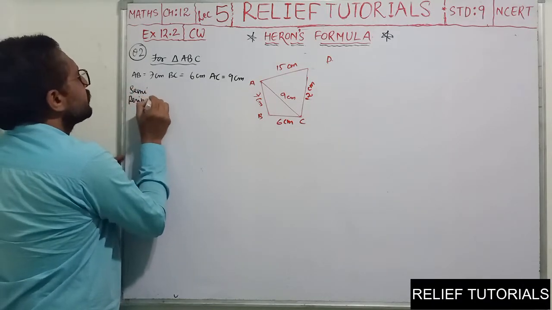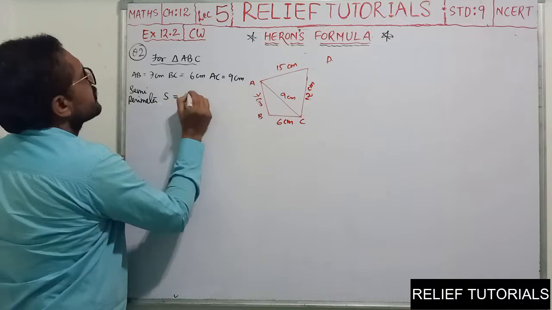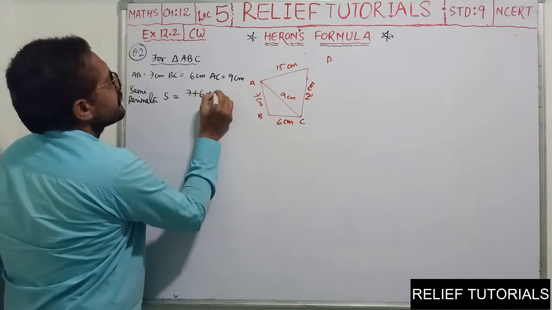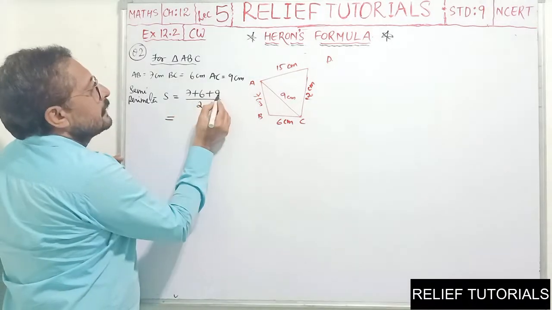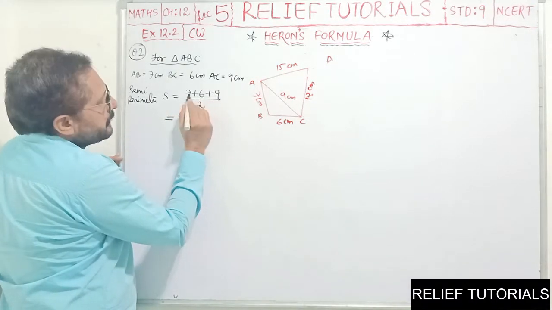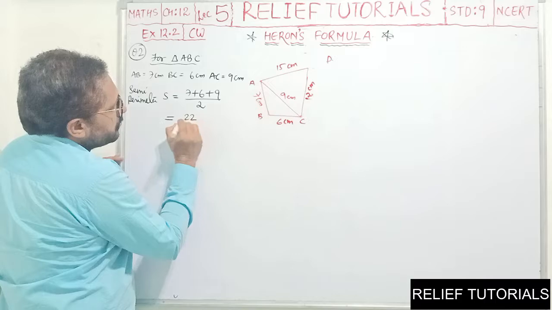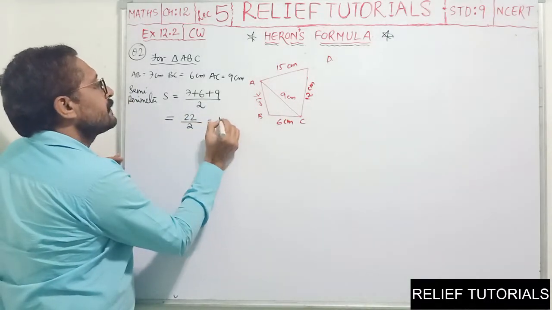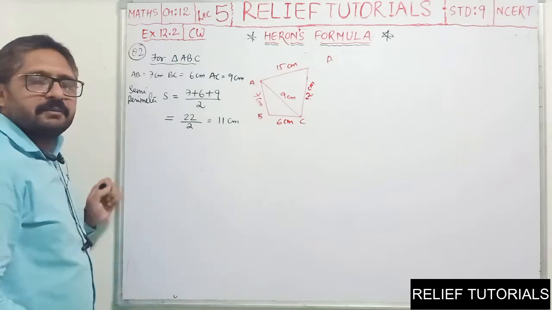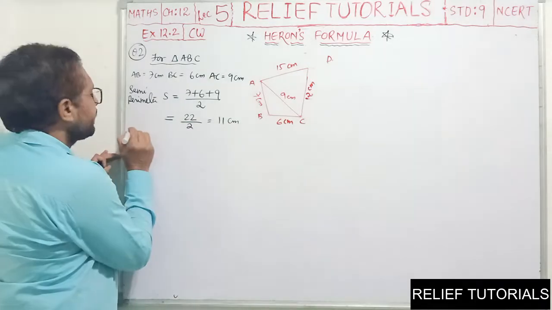Semi-perimeter S is equal to 7 plus 6 plus 9 upon 2. So that is 9 plus 6, 15. 15 plus 7, 22, upon 2, so that is equal to 11 centimeter. So we got the semi-perimeter.